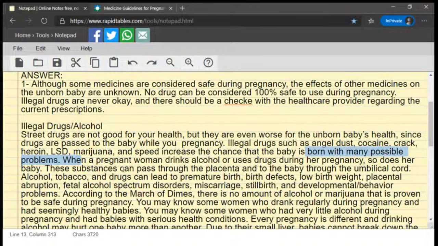When a pregnant woman drinks alcohol or uses drugs during her pregnancy, so does her baby. These substances can pass through the placenta and to the baby through the umbilical cord.